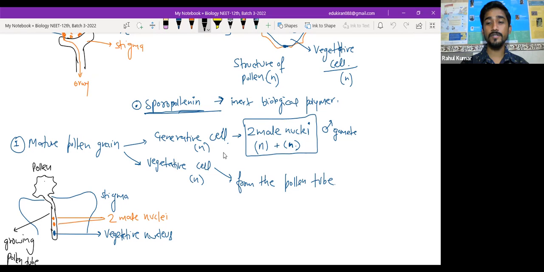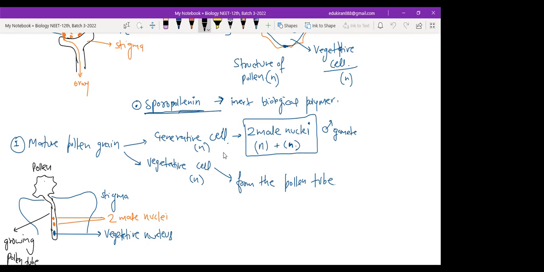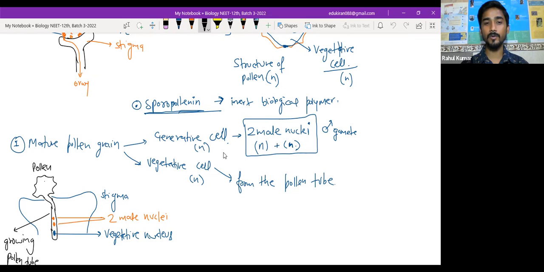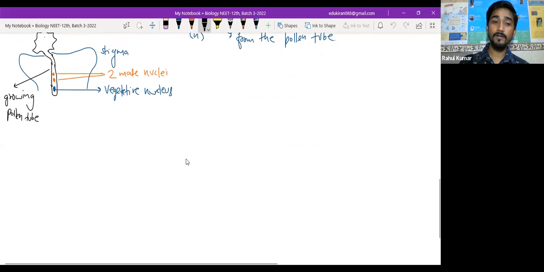Now, there was a very good question by Fatima. I think it was Fatima who asked, how will two male nuclei go and fuse with one egg cell, right, Fatima? Yes, sir. Yes, this is where formation of zygote comes into picture, and it's not two male nuclei which go and fuse with one egg cell. There is a concept in plants known as double fertilization.